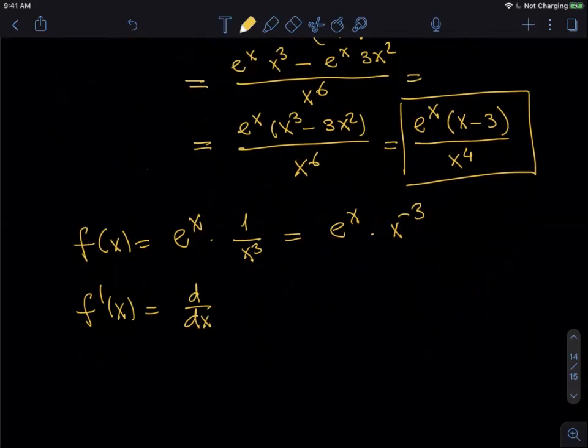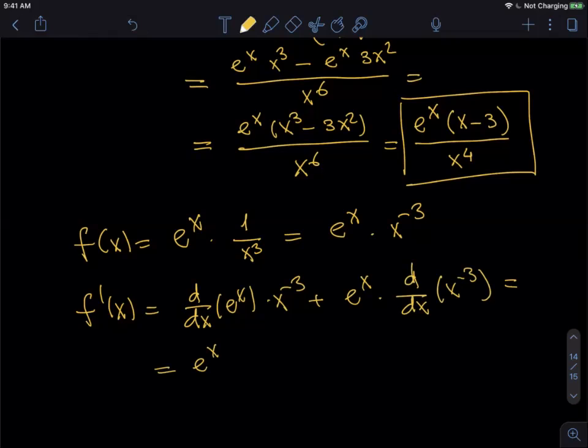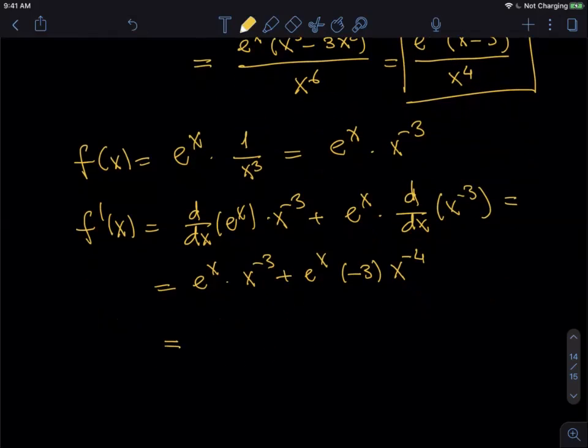So this is d/dx of e to the x times x to the negative 3 plus e to the x times d/dx of x to the negative 3. So this is e to the x times x to the negative 3 plus e to the x times negative 3 x to the negative 4. So this is e to the x, and then I have here 1 over x to the power 3 minus 3 over x to the power 4. Which after simplifying should be the same we had before.